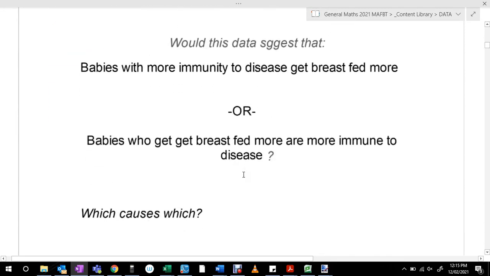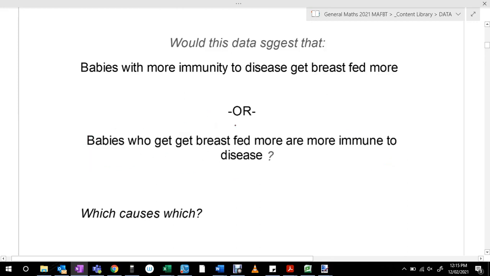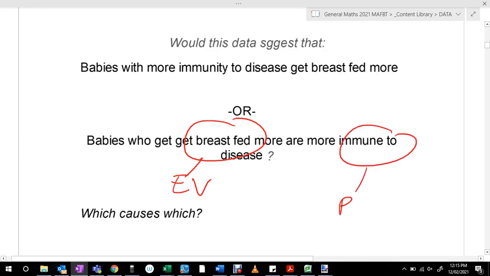So would you suggest that this data, reading these statements, says babies with more immunity to disease get breastfed more, or babies who get breastfed are more immune to disease? Second one. Second one, good. Why the second one? Because it makes more sense. The reason why is breastfeeding is counted as an EV and immunity to disease is an RV.